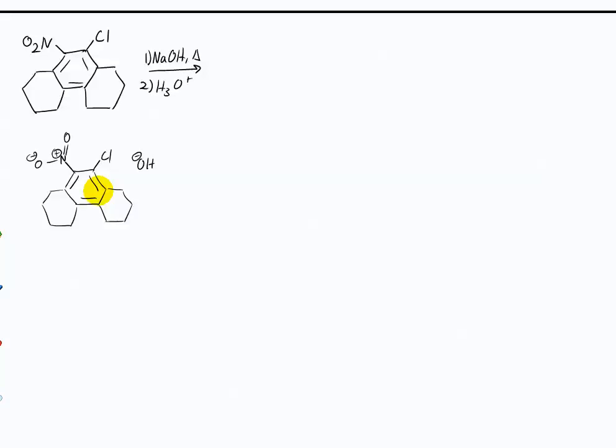All right. So we've settled then on the substitution mechanism rather than the elimination addition mechanism. So then we draw it. You've got the nucleophile attacking, and then ordinarily we would just draw that, or we could just draw that the carbanion forms next to there.